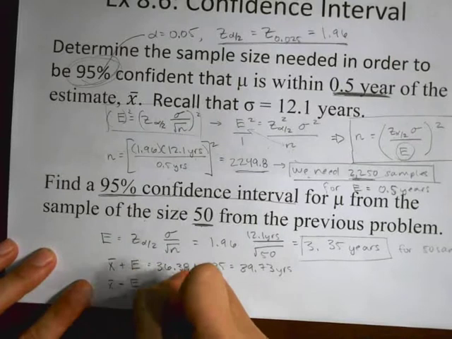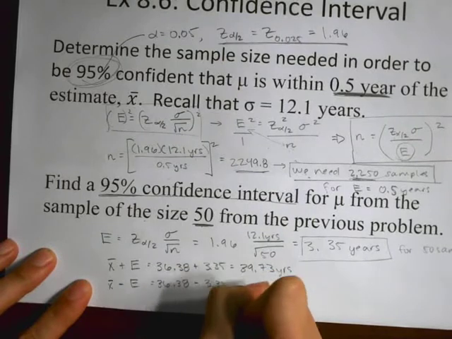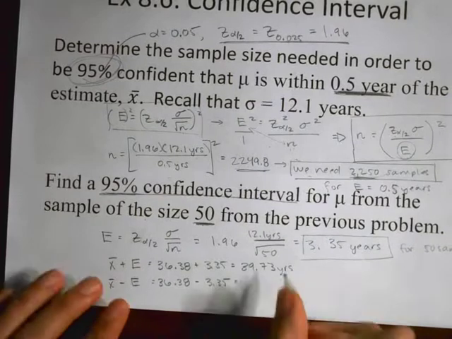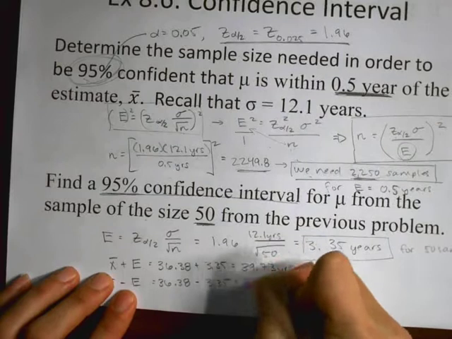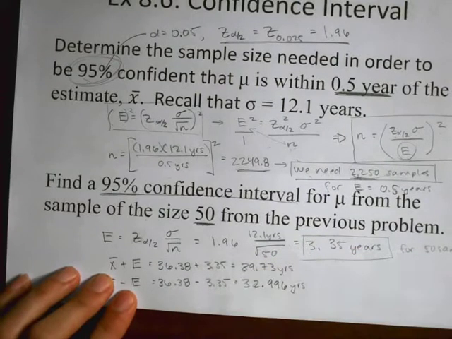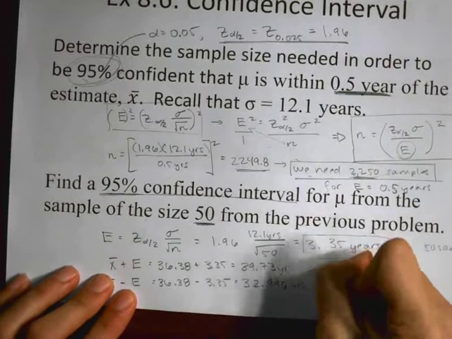And that is 39.73. And X bar minus the margin of error, 36.38 minus 3.35. And that is 32.996.